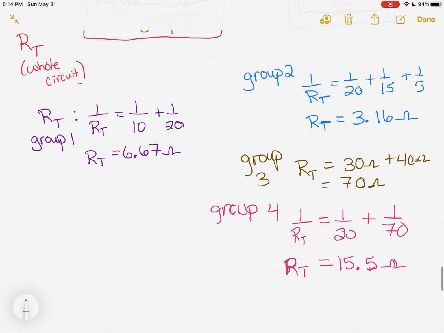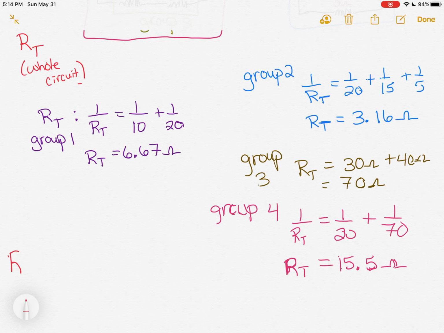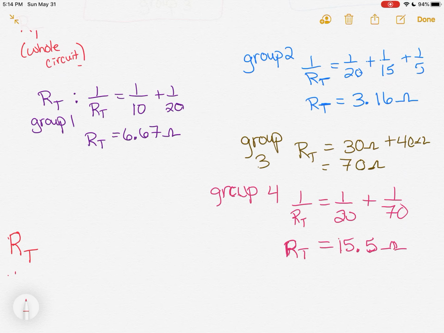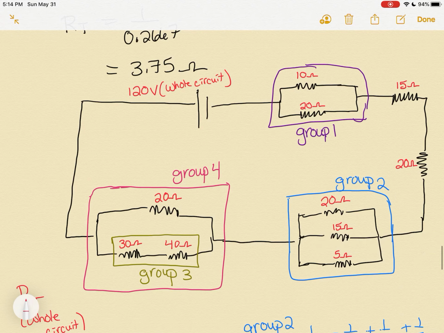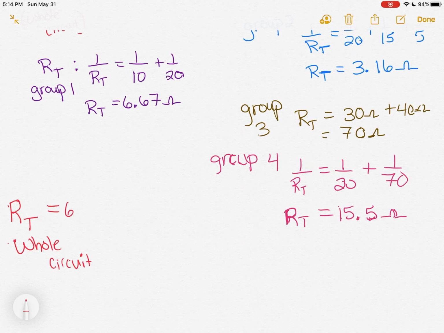All right, so then to do the entire circuit, so this is the whole circuit. Okay, we're going to be able to add group 1, our 15 ohm, our 20 ohm resistor, group 2, and group 4.